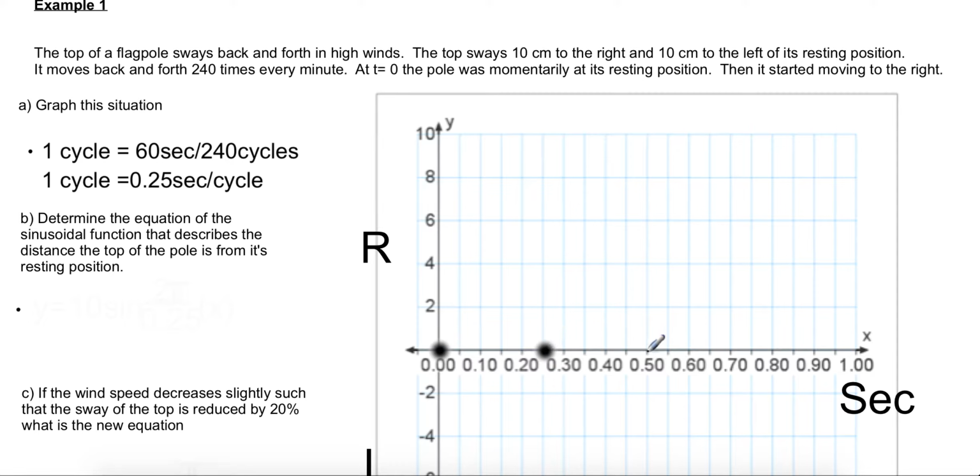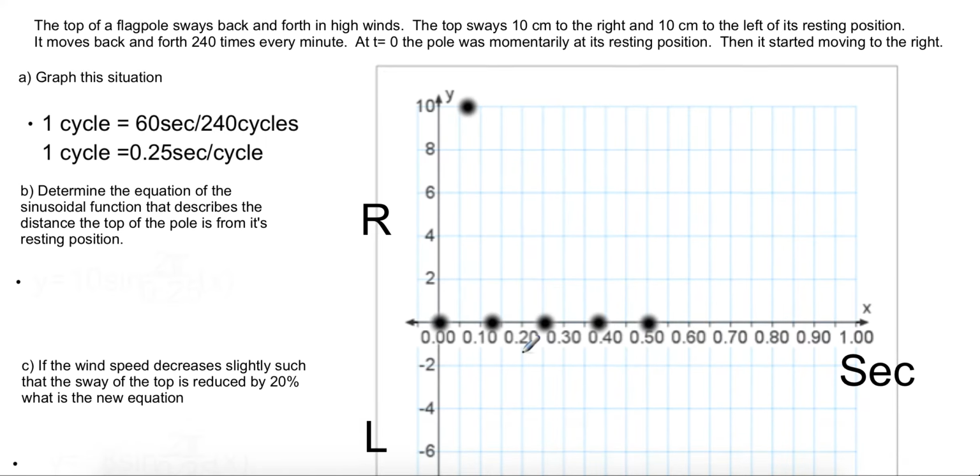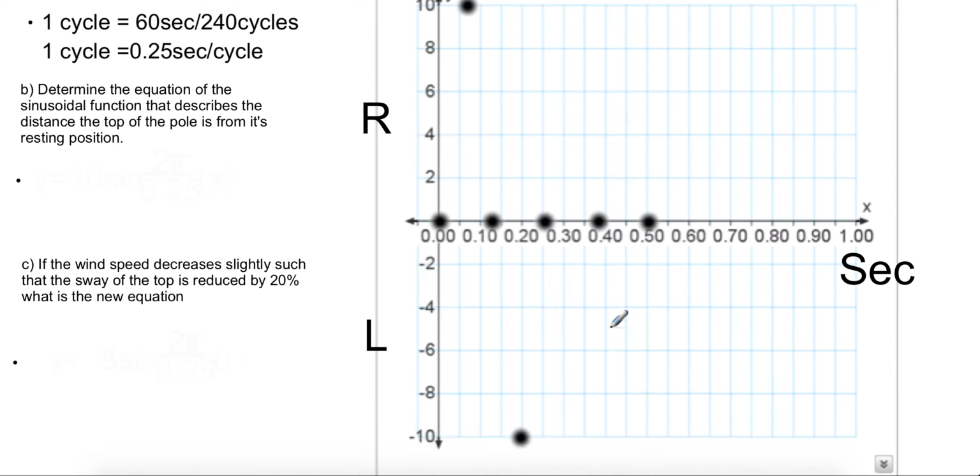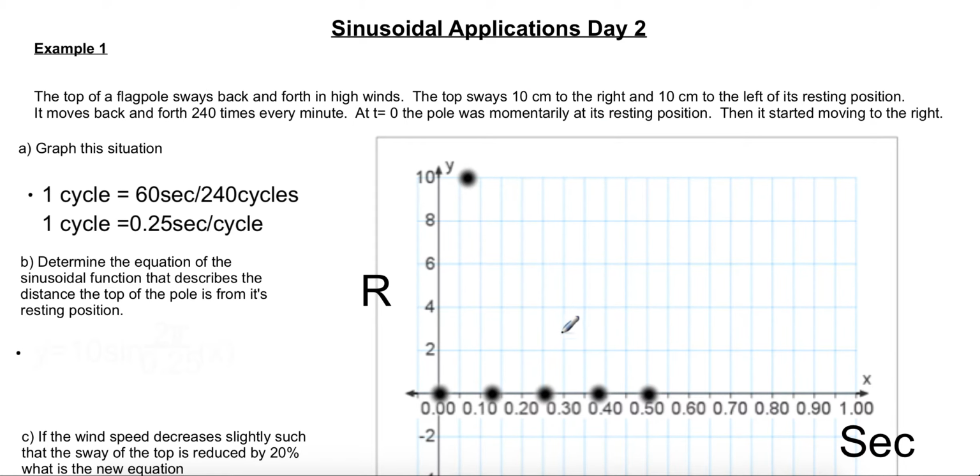If you wanted to do another one, there's 2 cycles. Cut it in half, go up, cut it in half. We'll cut this one in half as well, and cut that in half again. Go up. Cut this in half. Go down. And notice this isn't exactly on the points, but it's close enough.